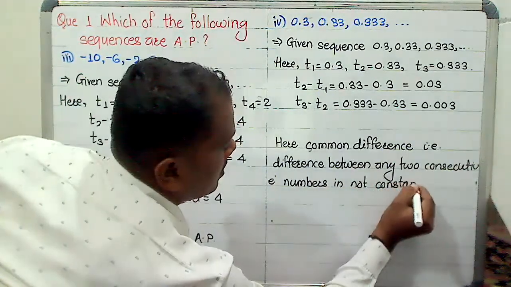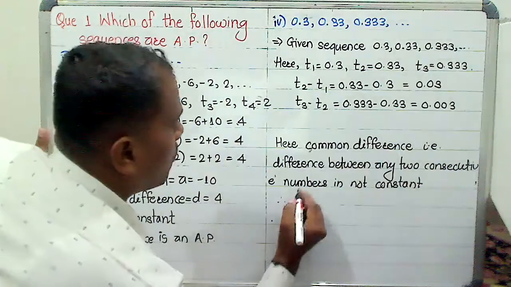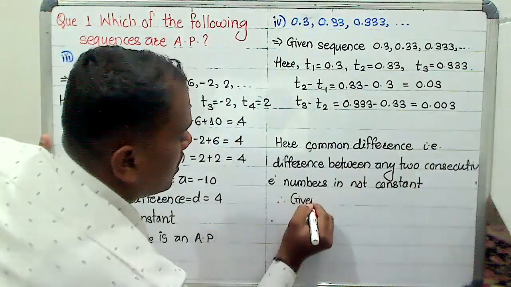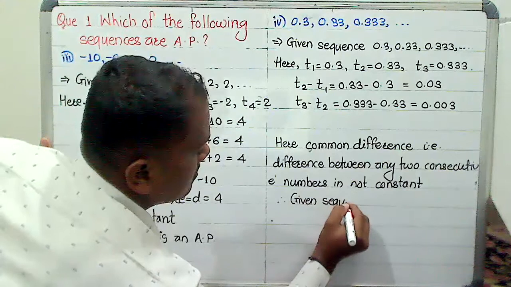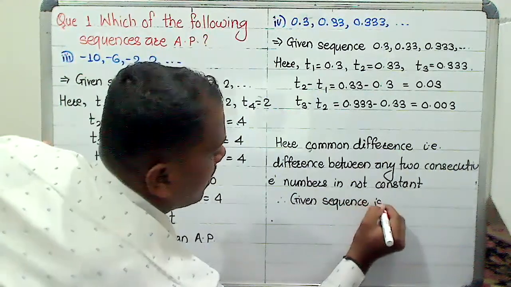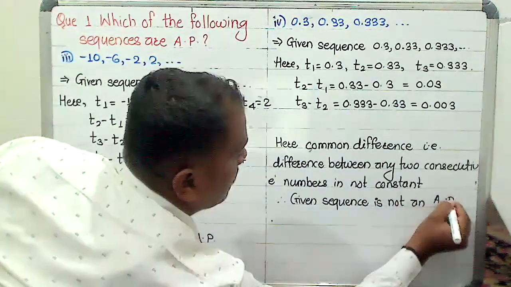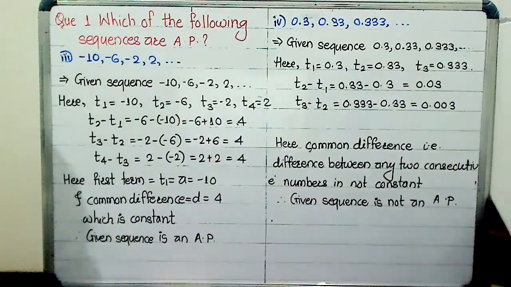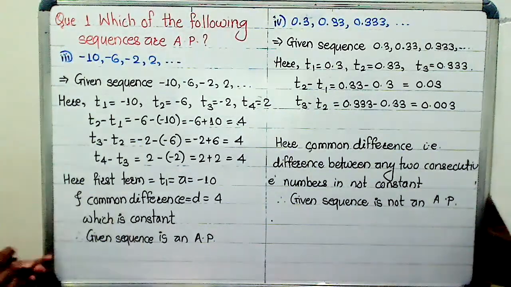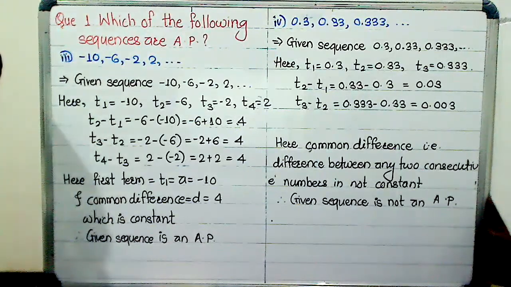So therefore, given sequence is not an AP. Okay. So I hope you understood this example. So we'll see some next examples also.